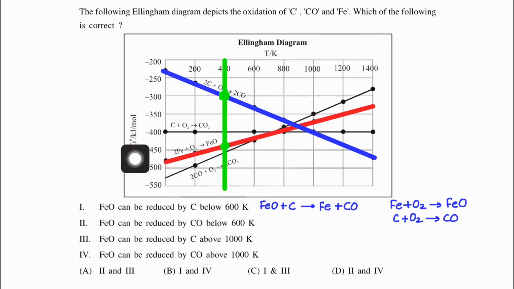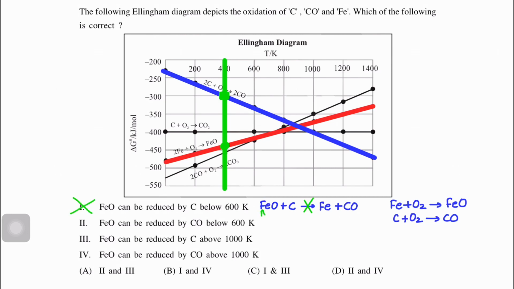Because its delta G naught value is more negative, approximately minus 450 kilojoule per mole, whereas CO's delta G naught is less negative. So FeO is more stable. If FeO is more stable, then this reaction is not possible. This is not feasible. So this is an incorrect statement.